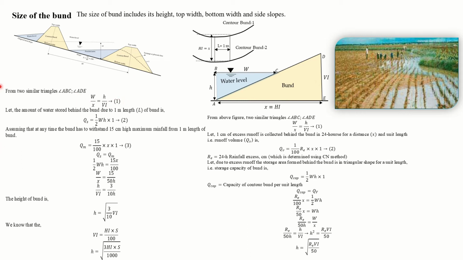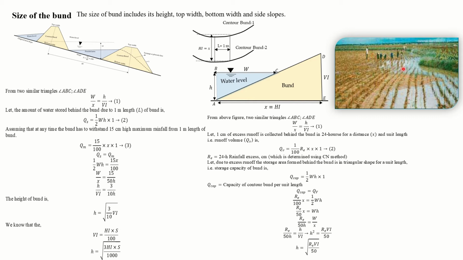Assume this is equation 1. Some amount of water has been stored behind the bund. So what is the area of this? In triangular shape, it is half base into height per unit width, because this water has been spread over some width and some length.